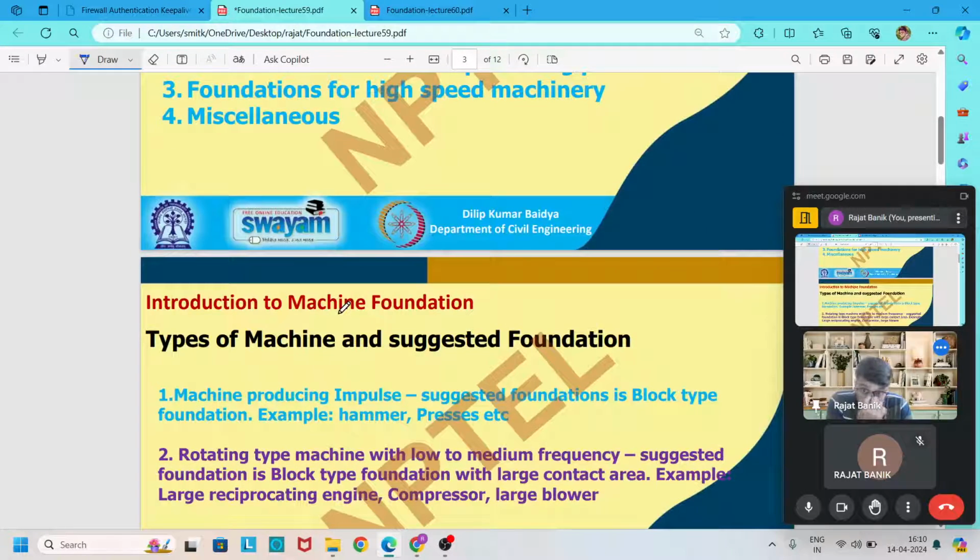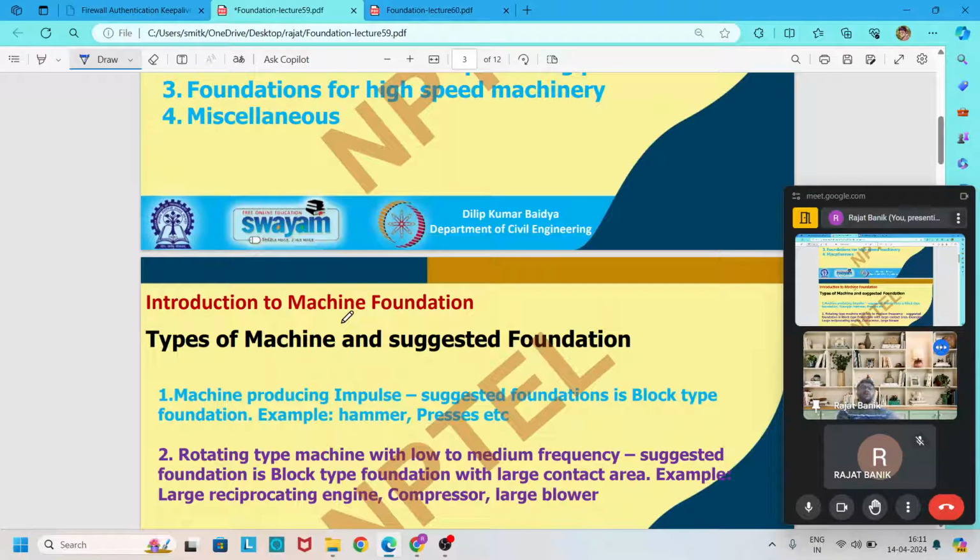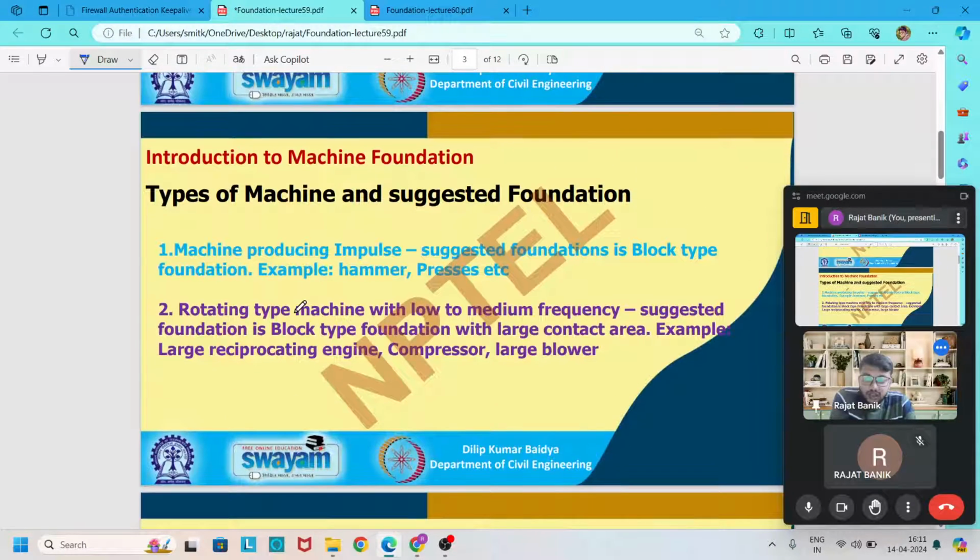For these types of machines, what type and what shape of foundation we need, we now discuss in this slide. For machines producing impulse force, they suggested that the foundation should be block type foundation.